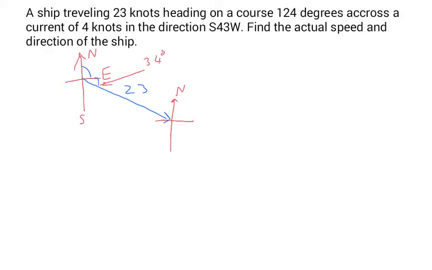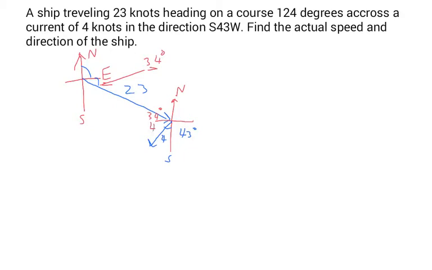So there's south, so it's going to be 43 degrees to the west. So there's 4 knots. Now, that angle in there is going to be 43 degrees. Now, if this angle here is 34, well, that angle there has to be 34 as well, because of alternate angles, because they're parallel lines.